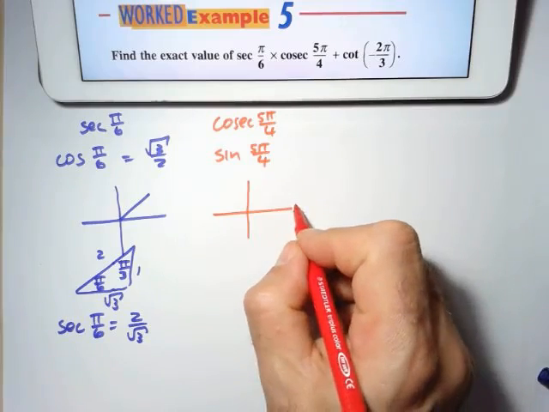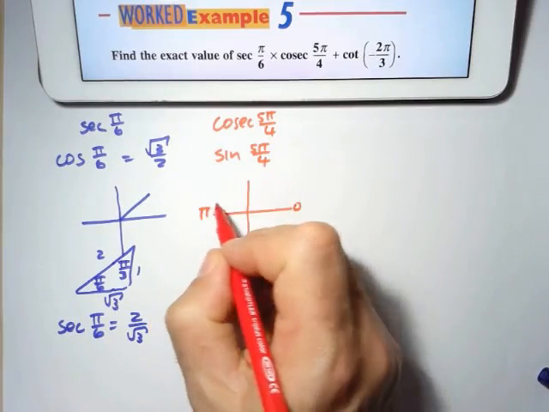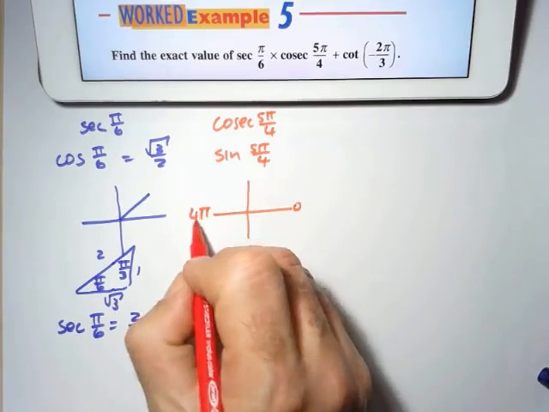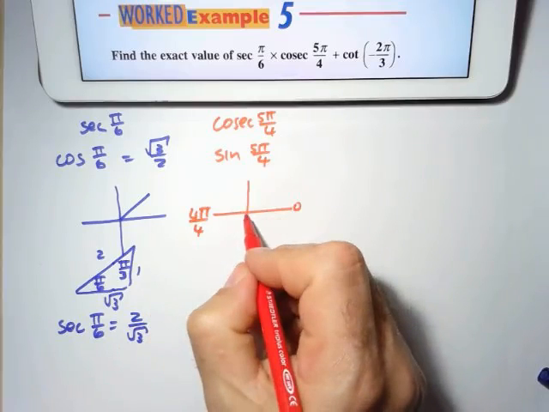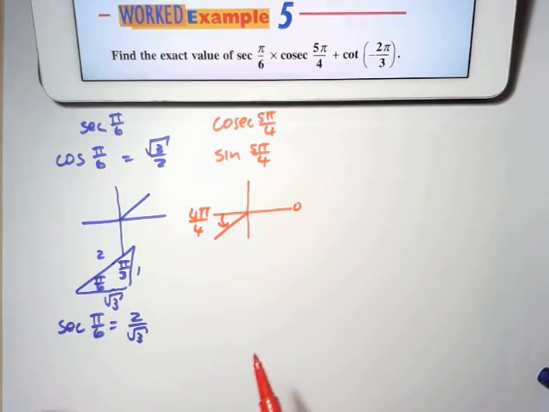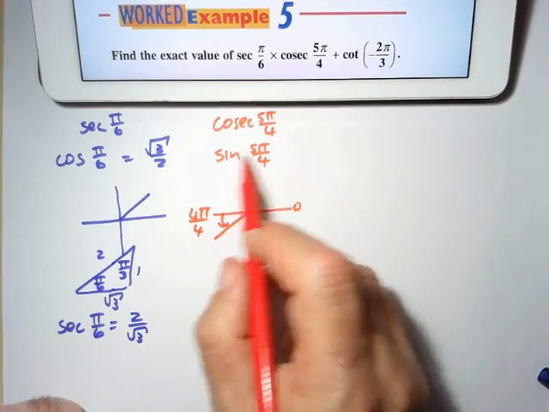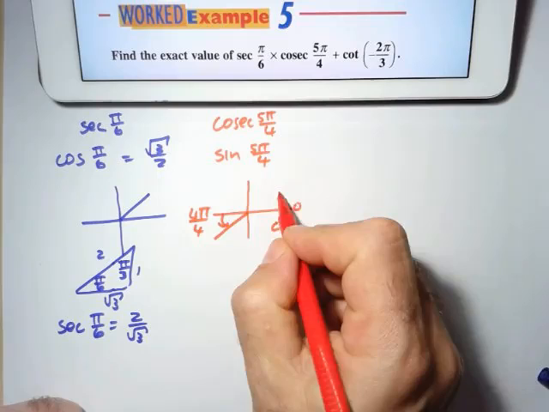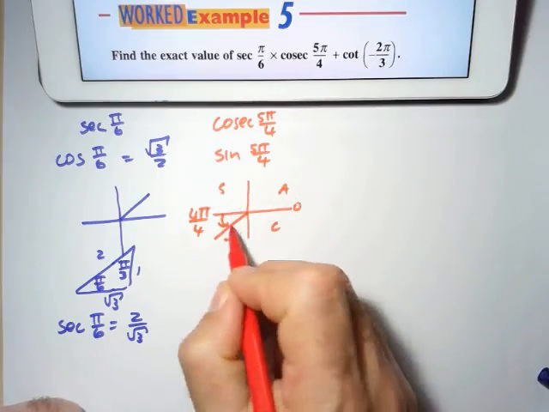My CAST diagram, 0, pi. In fractions, it's 4 pi over 4, which means 5 pi over 4 is here. That's my reference angle of pi over 4. So I can say the sine of 5 pi over 4 is in my third quadrant, negative.